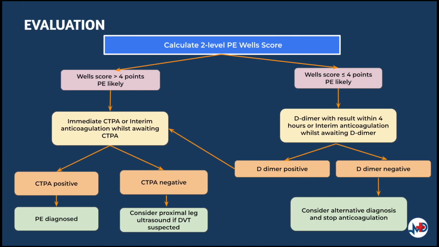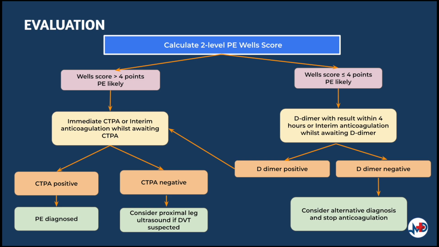If a PE is likely, which is more than 4 points, arrange an immediate computed tomography pulmonary angiogram or CTPA. If there is a delay in getting the CTPA, then interim therapeutic anticoagulation should be given until the scan is performed. Interim therapeutic anticoagulation used to mean giving low molecular weight heparin. NICE updated their guidance in 2020.